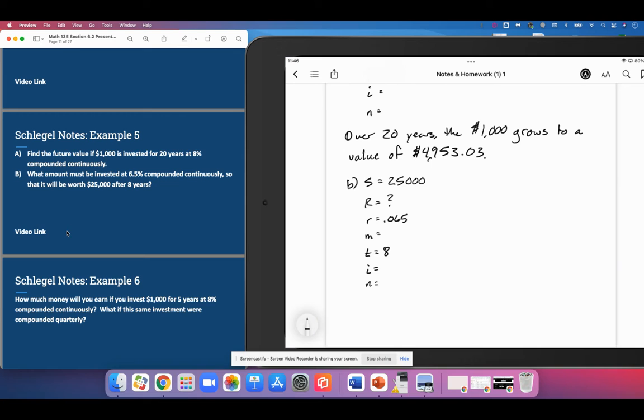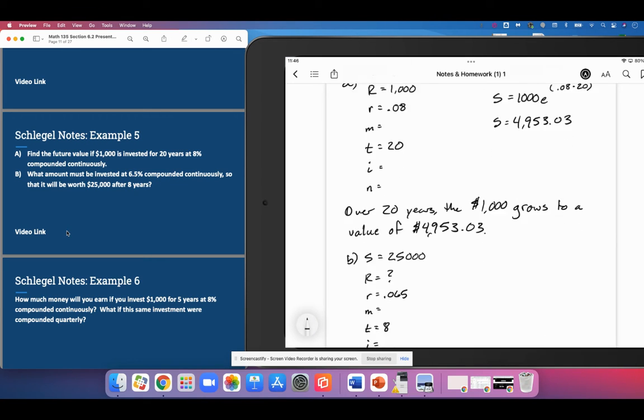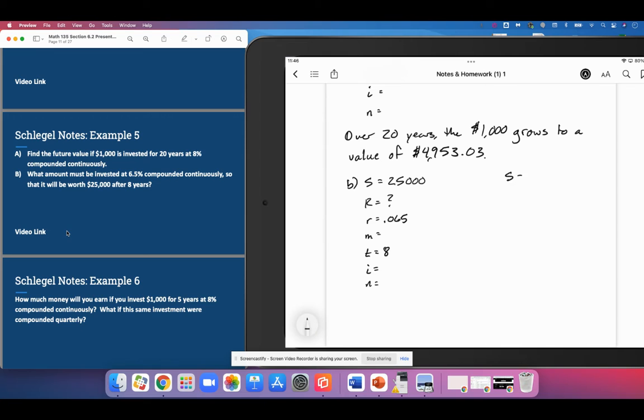Those other parts are not necessary for the continuous compounding formula. So we've got S equals R e to the power of RT. S is 25,000 equals R, which we don't know, e to the power of RT, so 0.065 times 8.